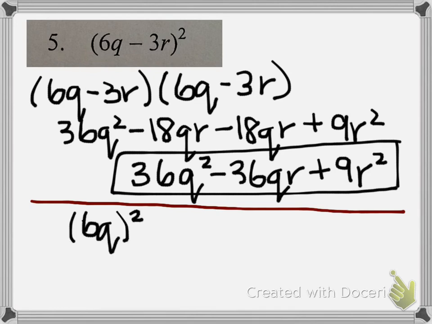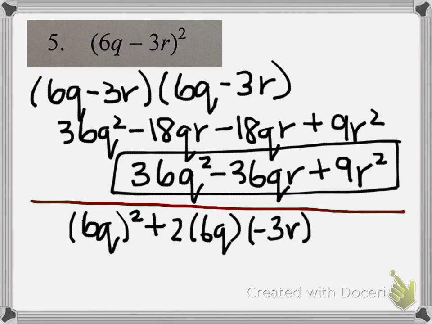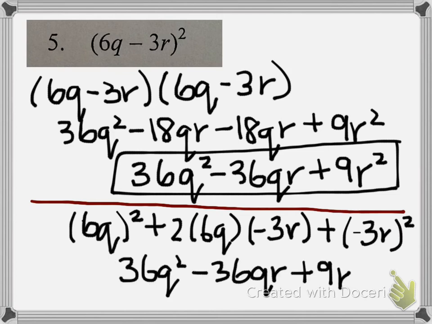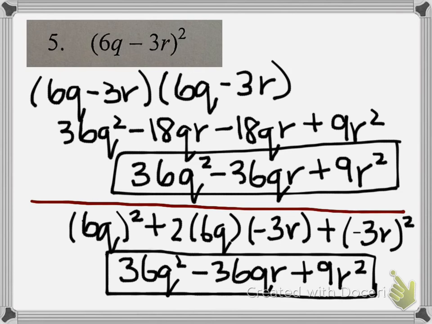Then we take the first term times the second term times 2, because there's always two of these in the middle. And to get this last term, all we did was take the last term and square that term. So if we fix each one of these up, you notice that we get the same answer as if we distribute or use a FOIL method, but either method will work.